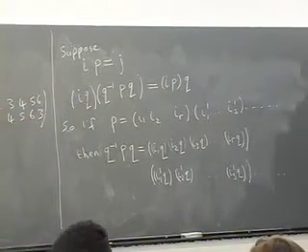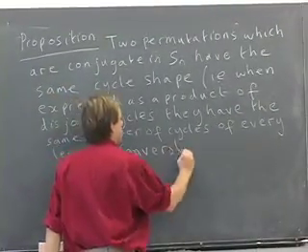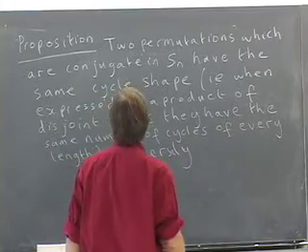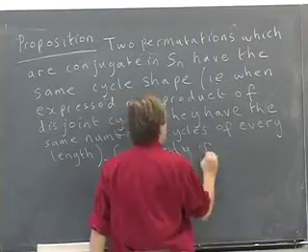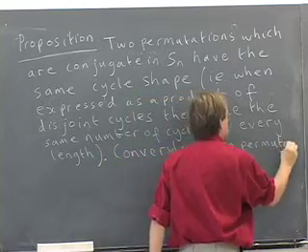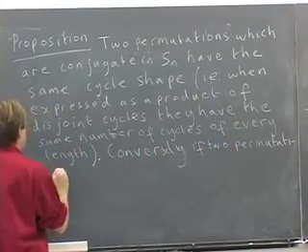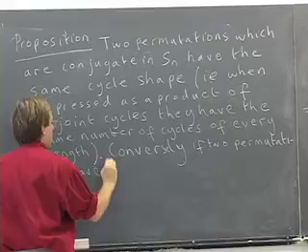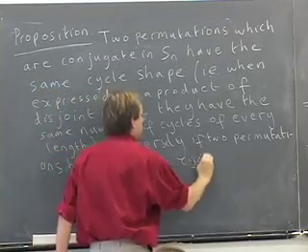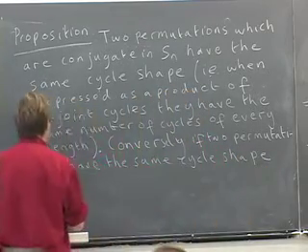And the converse is also true. So conversely, if two permutations have the same cycle shape, they are conjugate.